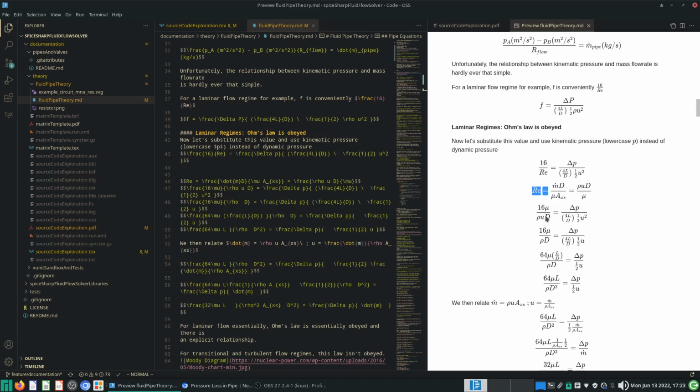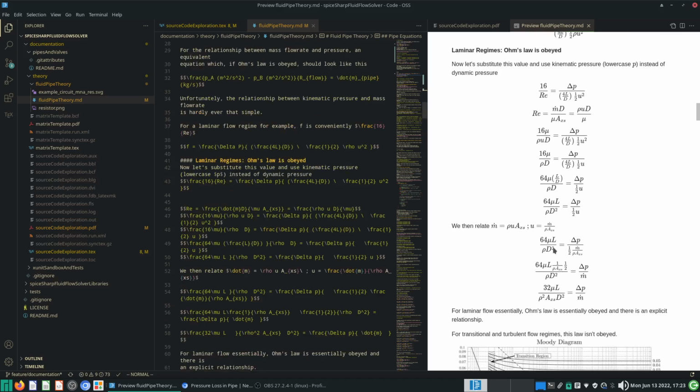So I substitute in the Reynolds number there, the rho UD over mu here, and I do some term cancellation. I bring the 4L over D up, I multiply it into the 64. I cancel the U on both sides, and then I have a rho D squared.